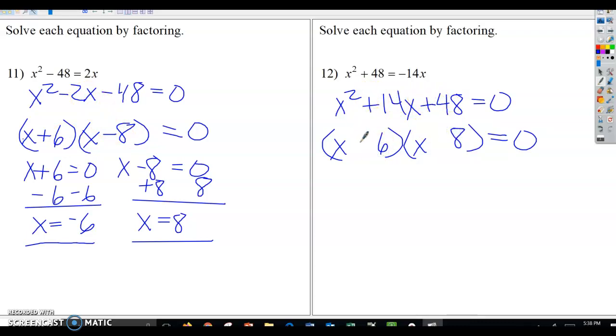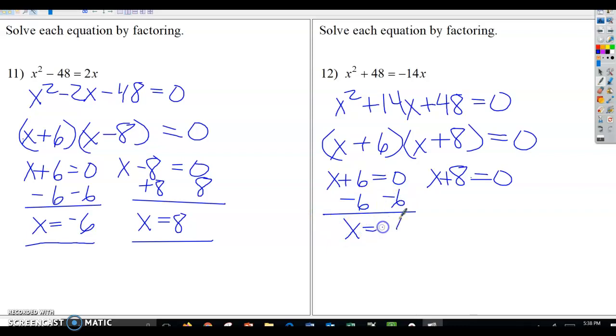So I'm going to do 6 and 8 again. This time they're both plus. So x plus 6 equals 0. X plus 8 equals 0. Subtract 6. X equals negative 6. Subtract 8. X equals negative 8. All right. That is how you solve by factoring.